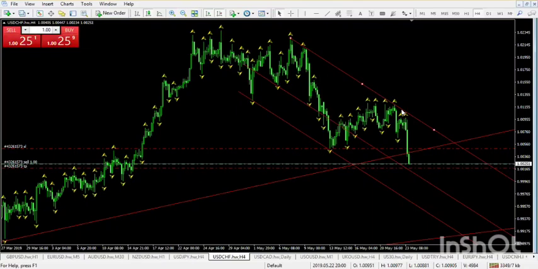This is our first central trend line. You have another one before that. These three points, you see, it has been broken, so it's going to decline up until here.